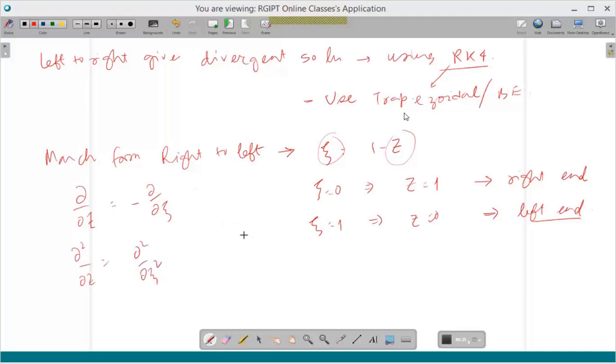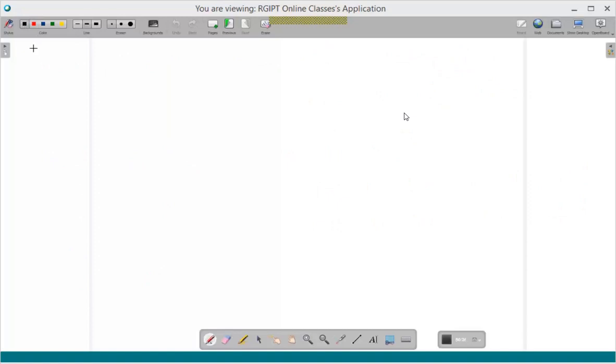So if you just re-express the equations, the DEs and the BCs, in terms of zeta, what did we have initially?